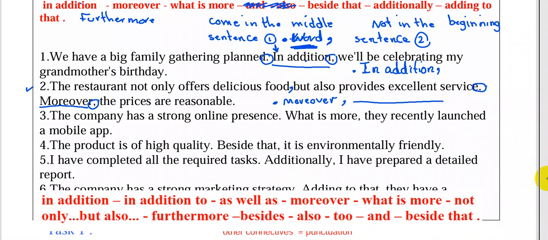The last example here: the company has a strong online presence. I finished the first sentence, full stop. "What's more," the conjunction, then followed by a comma. This is the rule here.